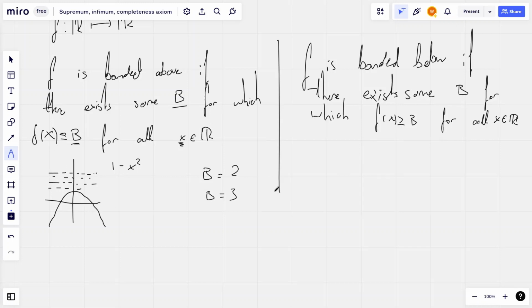Bounded below, there's a bound below. So if we instead go with 1 plus x squared, we have a bound here, we have a bound here, they're all bounds.